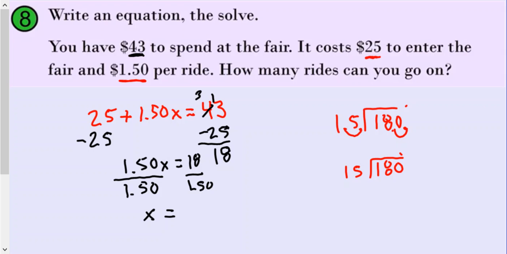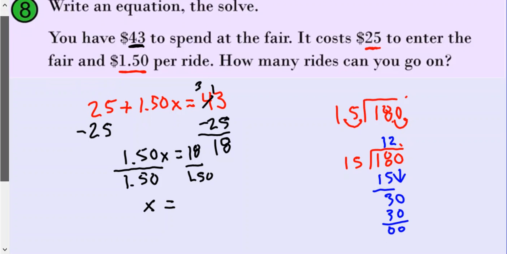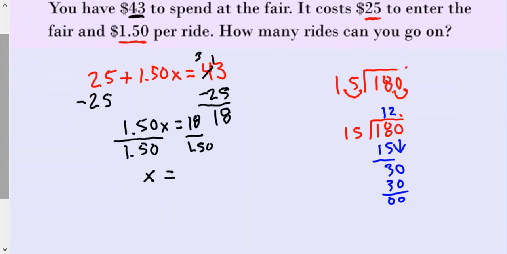Then doing our division, 15 goes into 18 one time, and that would be 15. 18 minus 15 is 3. Bring down that 0, and 15 goes into 30 two times. That would be 30. So x is equal to 12. That means that we will be able to go on 12 different rides.